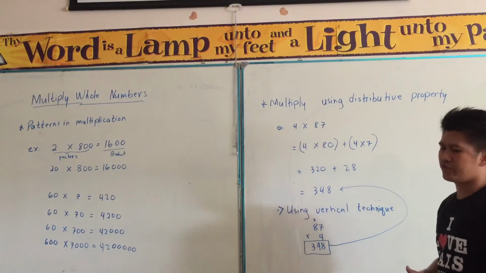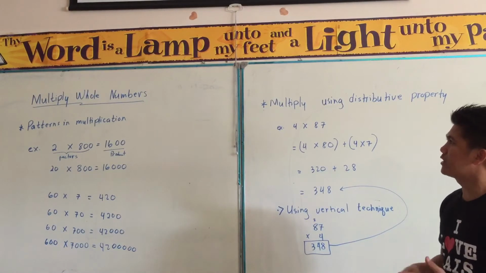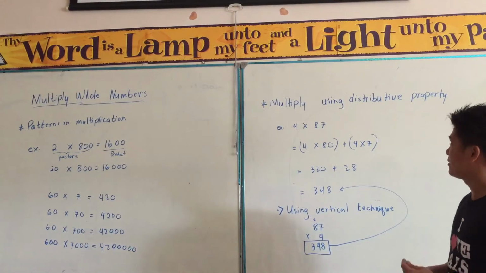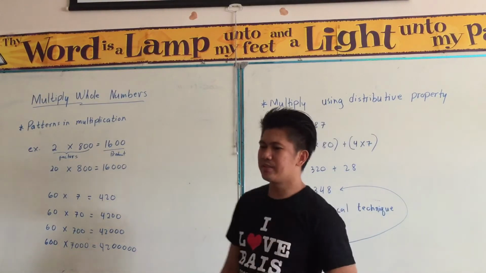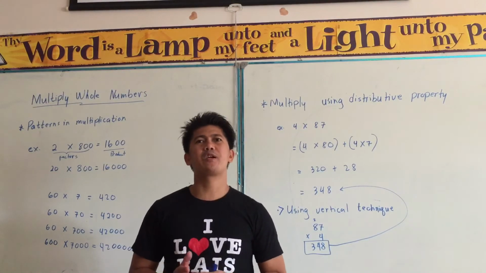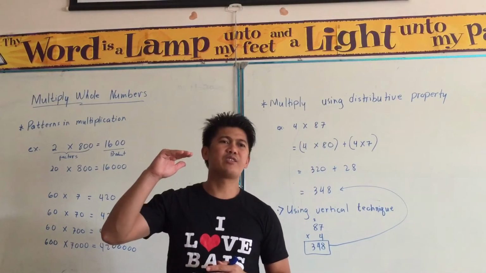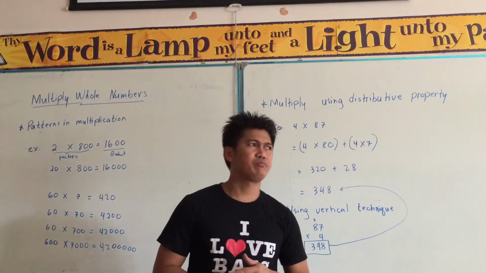Okay? So now let's go to the real multiplication discussion. You can actually use the distributive property in multiplying numbers. That's why it's very important for you to learn the kinds of properties before learning multiplication.